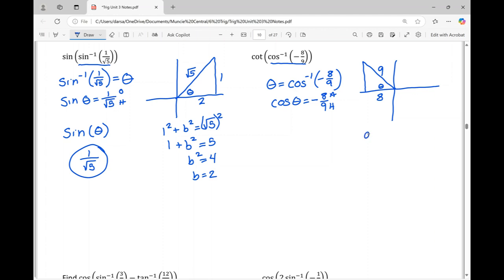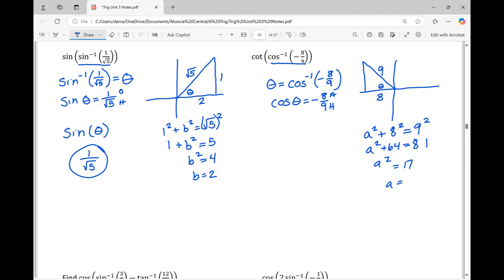We're going to use the Pythagorean theorem. So leg squared plus leg squared equals the hypotenuse squared. You always have to put the hypotenuse as your c. So a squared plus 64 equals 81. So a squared is 81 minus 64, which is 17.